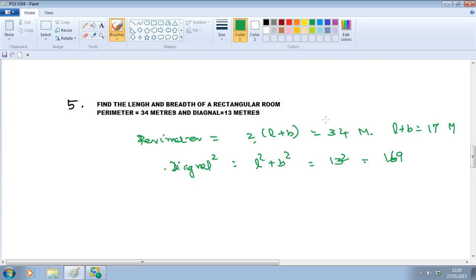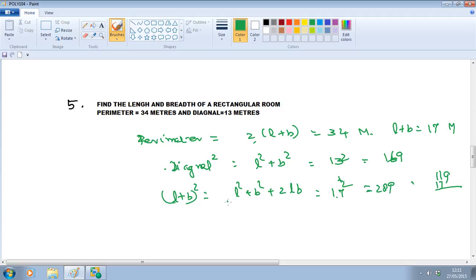So if you solve this equation, we get (L plus B) whole square is equal to L square plus B square plus 2LB is equal to 17 square. 17 square is 289.